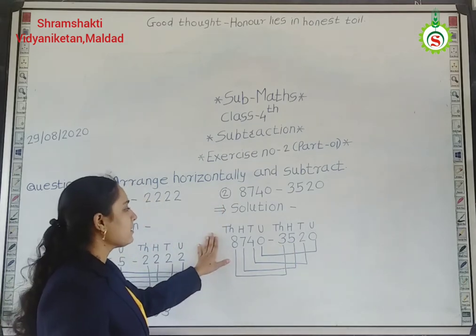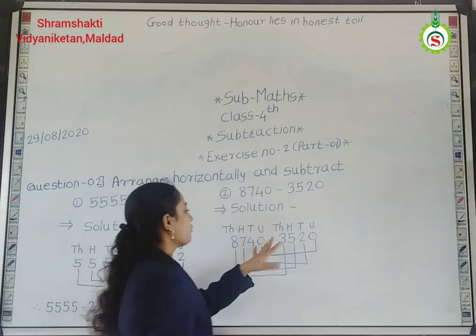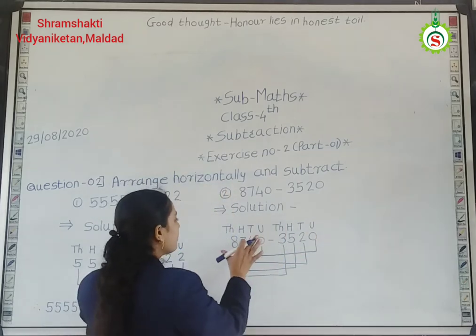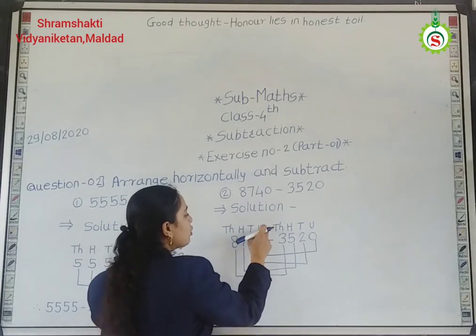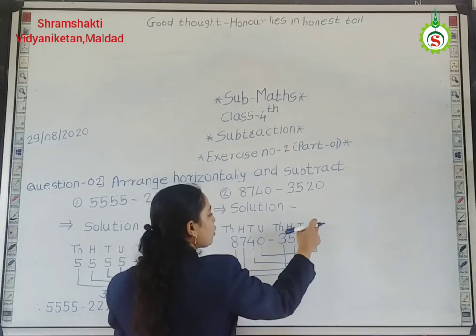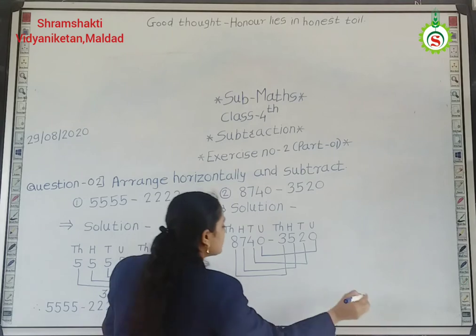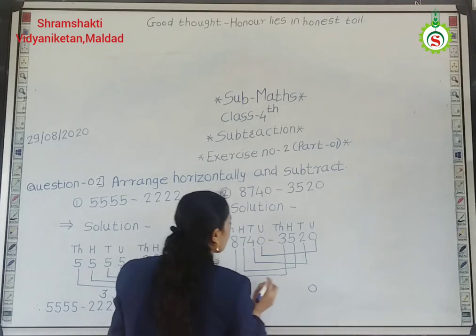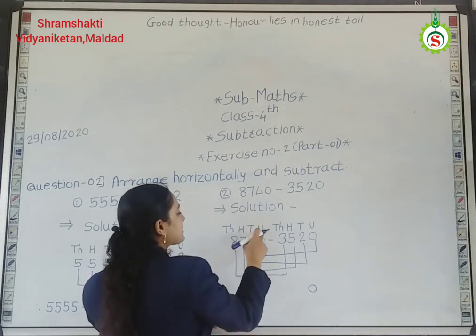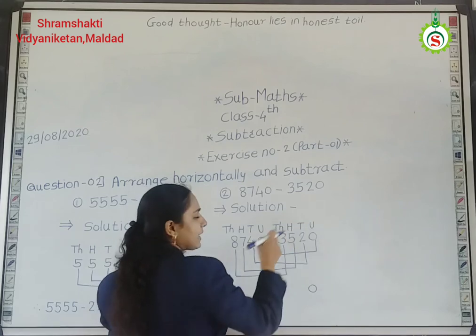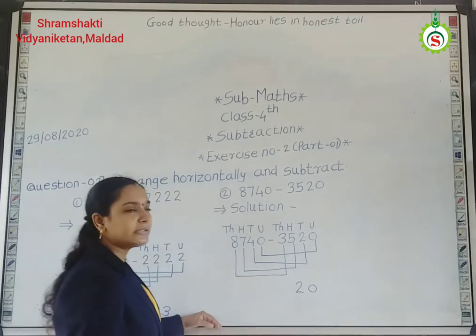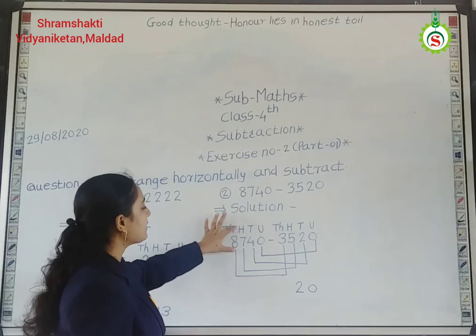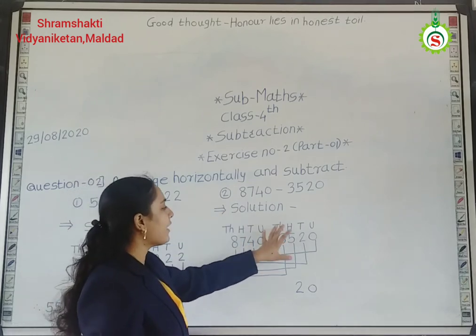Then subtract the second number from the first number. So 0 units minus 0 units. How much? 0. Then 4 tens minus 2 tens. 2 tens. Then hundreds place. 7 hundreds minus 5 hundreds.